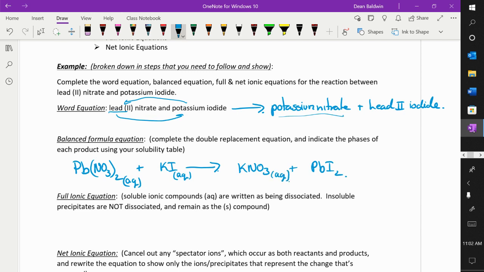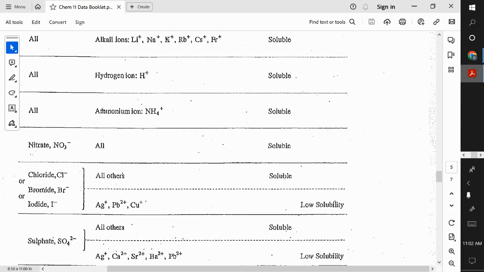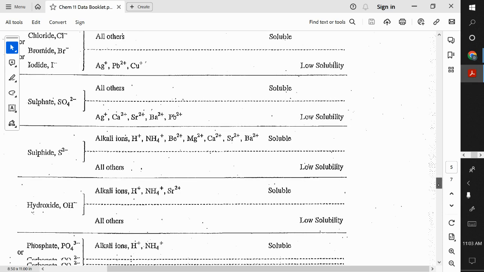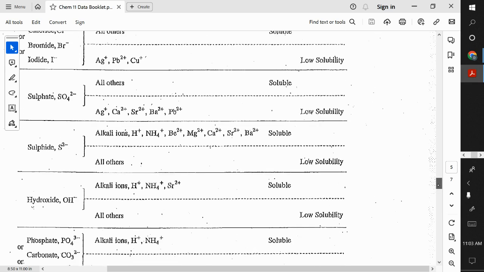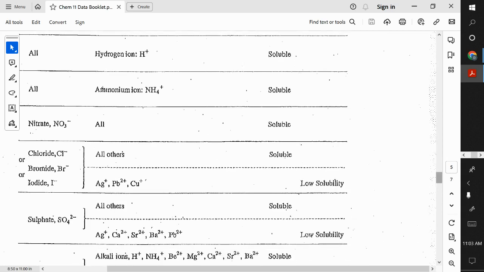Okay, lead iodide, PbI2. Where is it? Oh, it's up. There it is. Sorry. There's the iodine.